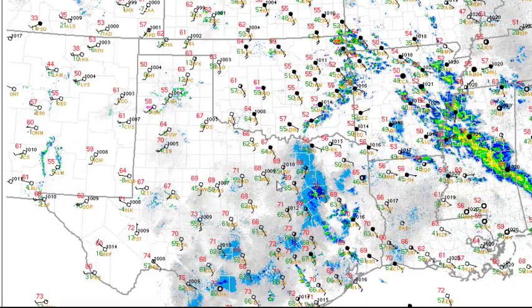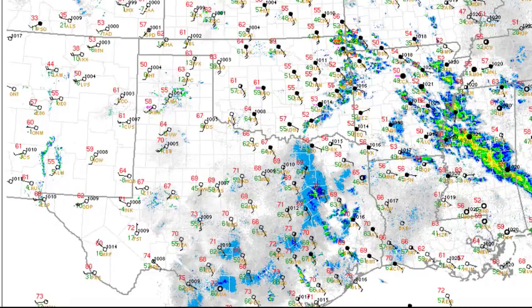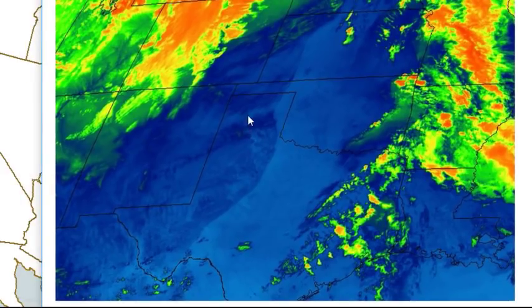So that could be some of the moisture actually making it up to the satellite. I think that's what we're seeing. And then further out to the west, what's going on out there near Amarillo, out in this region? Kind of has the appearance of cloud, doesn't it?